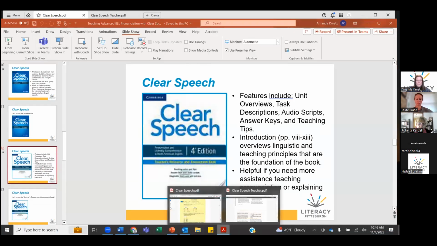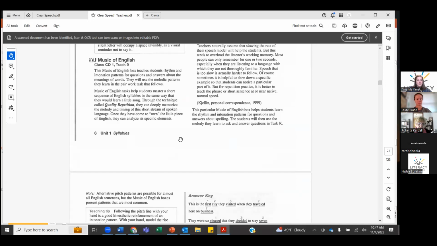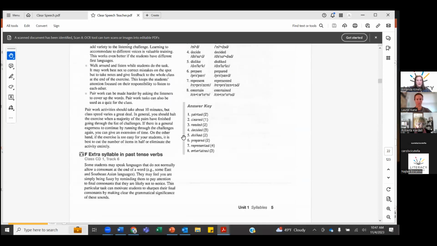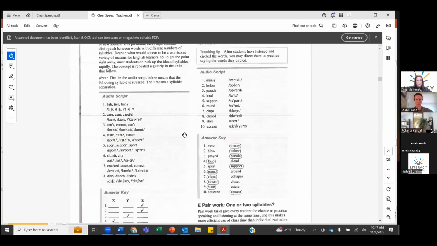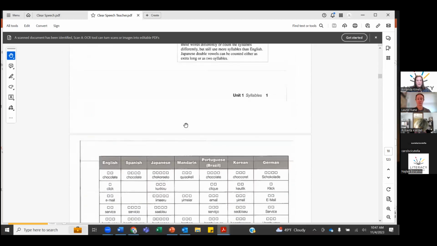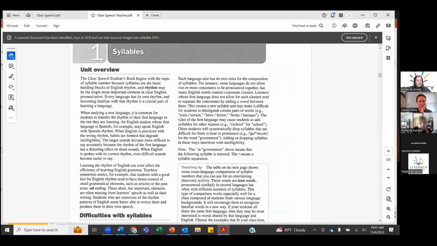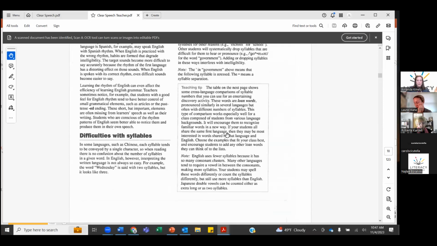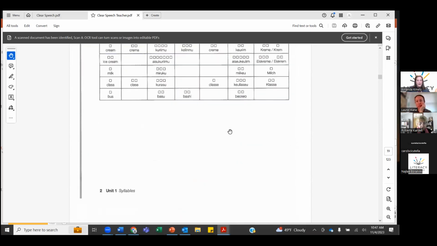And so if we take a look at the teacher version of the book here, you can see that for the unit that we just looked at for syllables, it begins by giving you an overview of the unit. What are some of the challenges that students have?